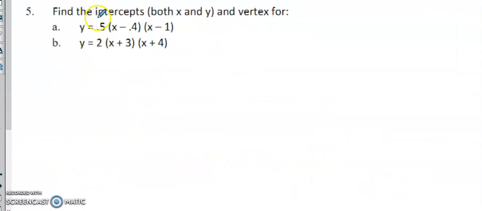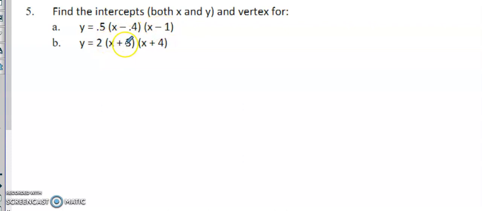So here, this is half, or 0.5, this is 4/10, and this is 1. So hopefully you get the y-intercept to be, let's say, 0.20, if that's what you got here.